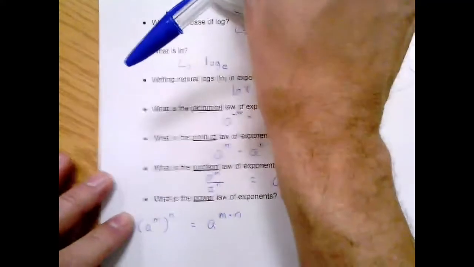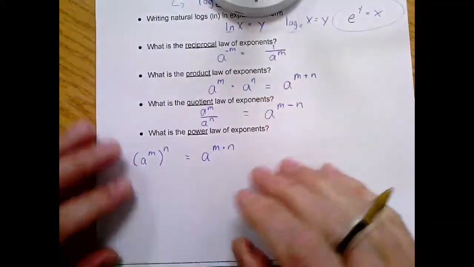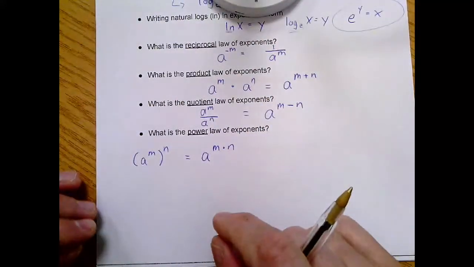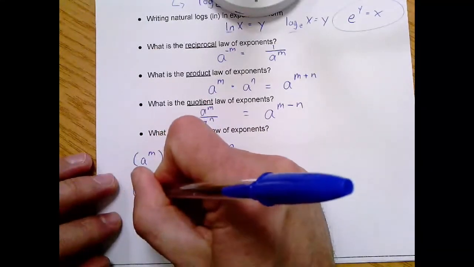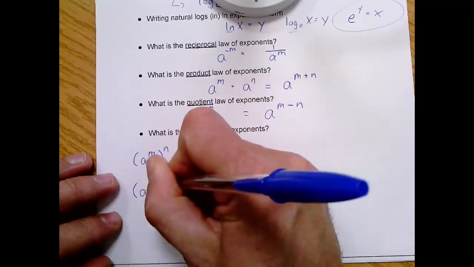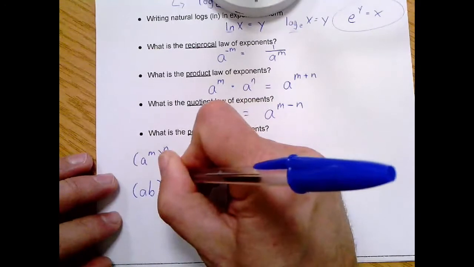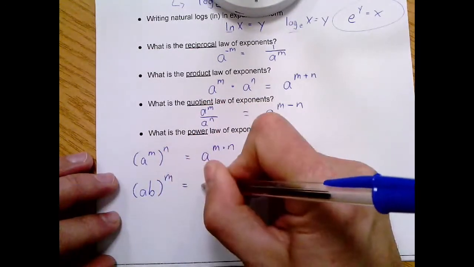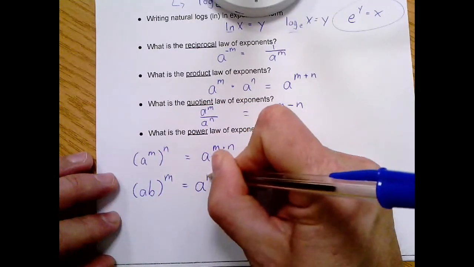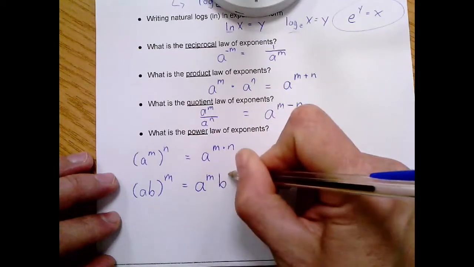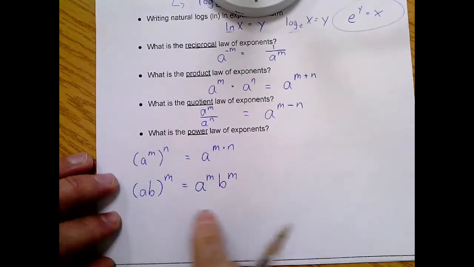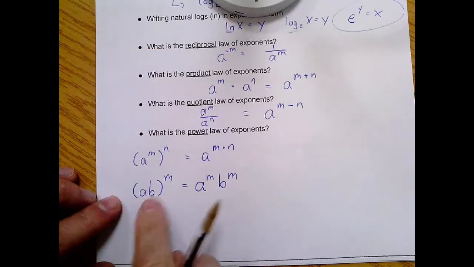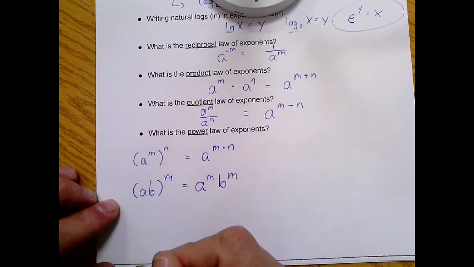Let's come down a little bit here. In the same vein, if you had something like this, like a times b raised to the m power, understanding that that's the same as saying a raised to the m and b raised to the m, and we do that all the time. That's because we separate those. That's like a times b, so the m distributes to both.